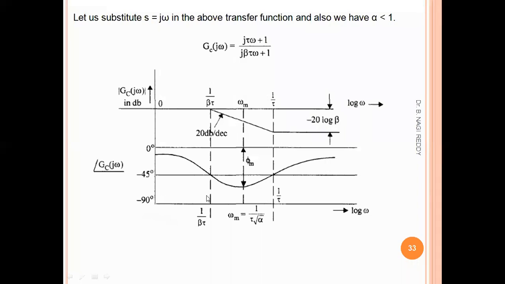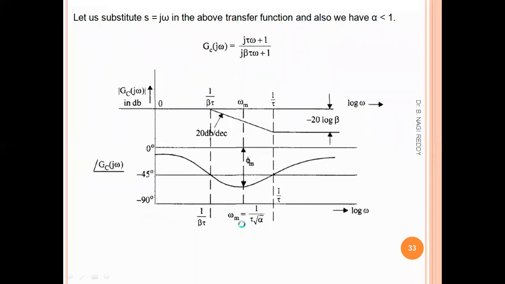Okay. So from this graph, we can determine the stability. If the system is unstable, then we can change the K value, we can bring the unstable system into stable system, so that we can calculate this tau and beta values after bringing the stability, right?